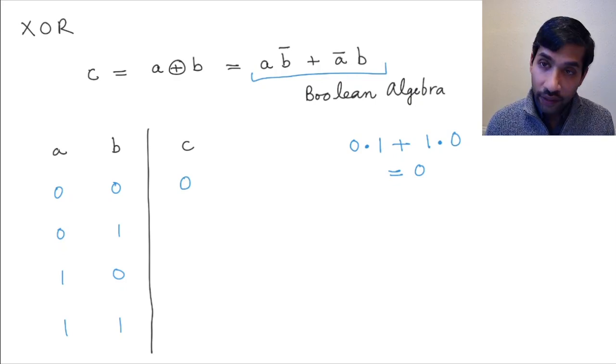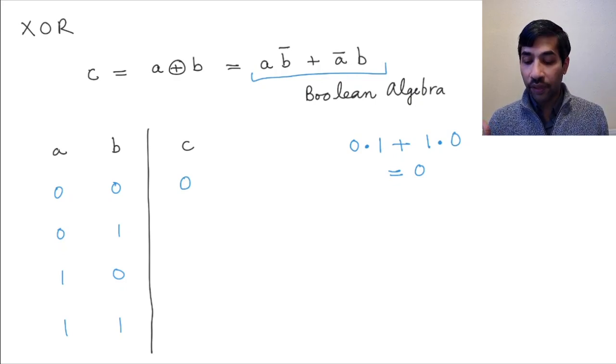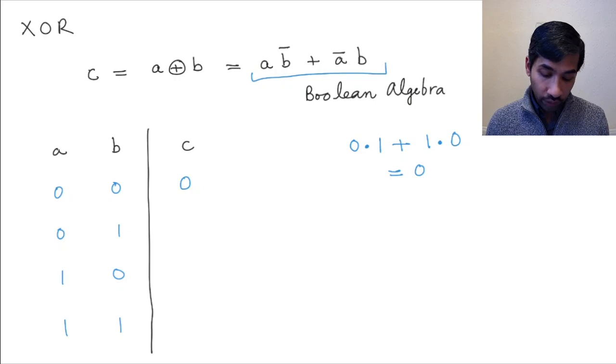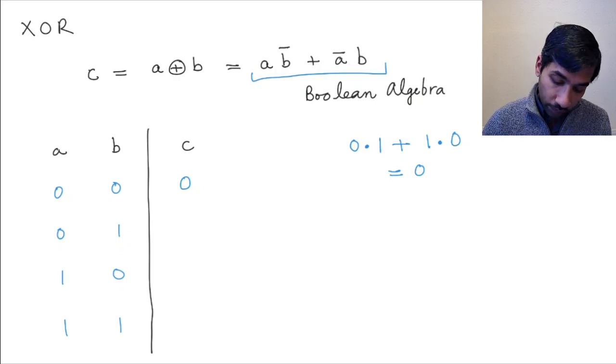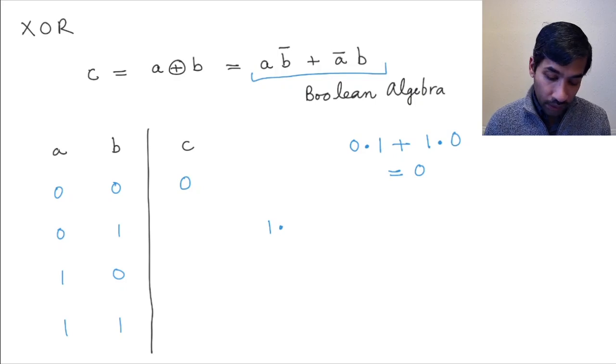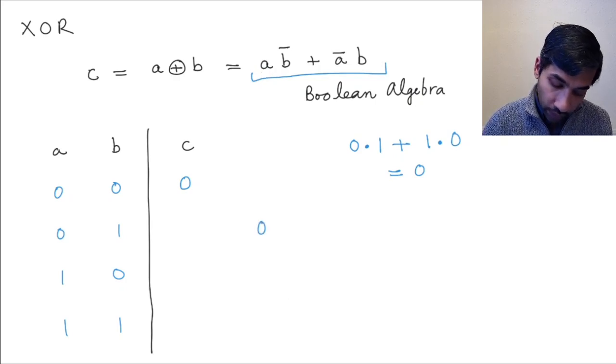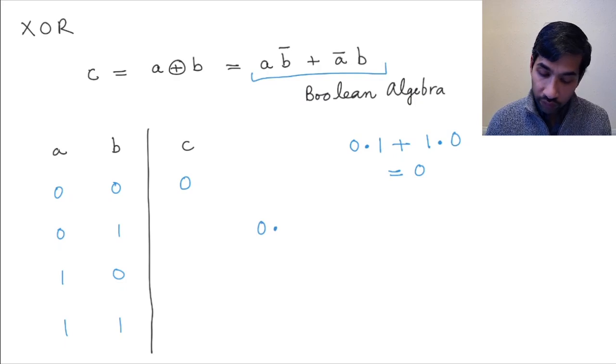Now let's evaluate the expression for A equal to 0 and B equal to 1. Oh, I'm sorry, let's go back a bit and restart this. A is 0, so you can write 0, and what is the value of B?